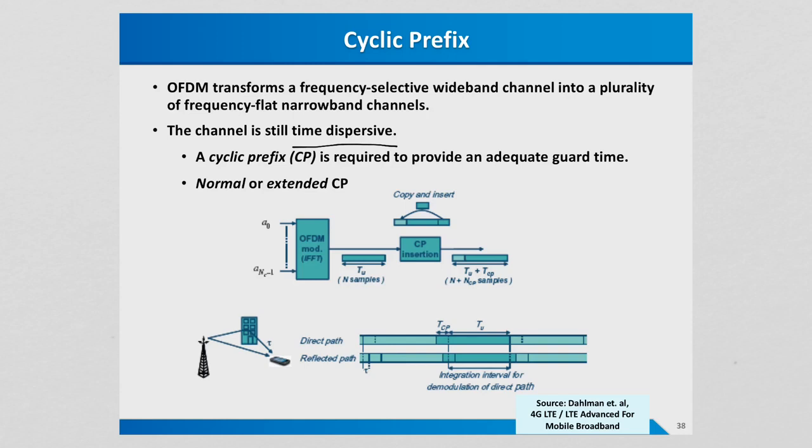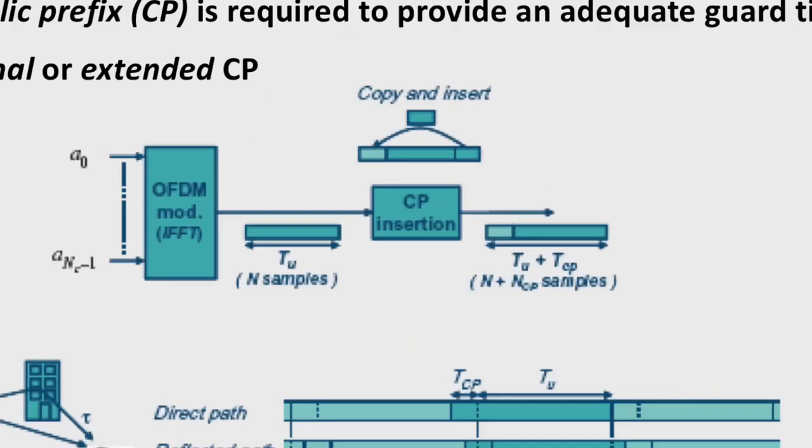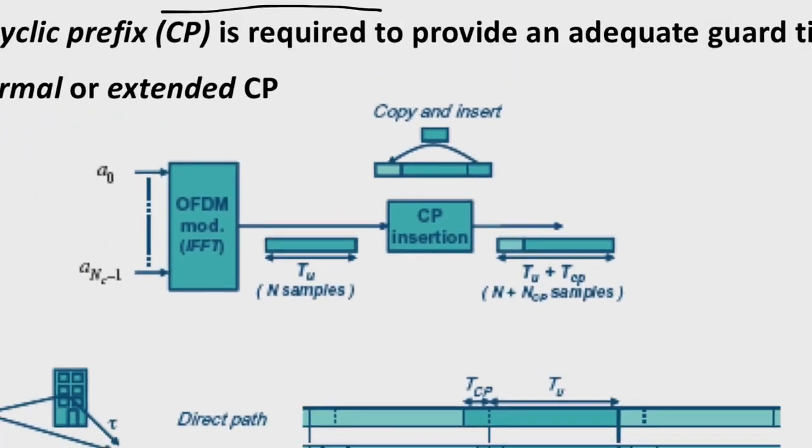And so the cyclic prefix is needed in order to create some isolation from one OFDM symbol to the next. So you've got a small guard period from one symbol to the next, and it's called a cyclic prefix because the way it's generated is you take the very end part of the signal right here and you actually copy it and bring it around to the front.